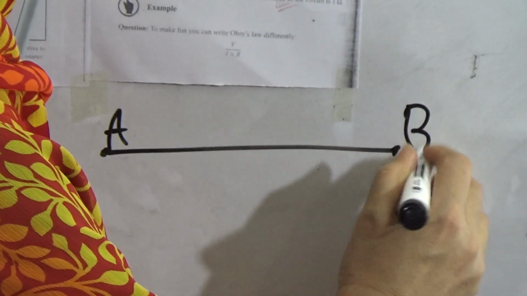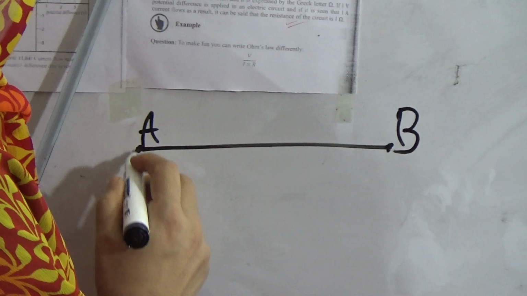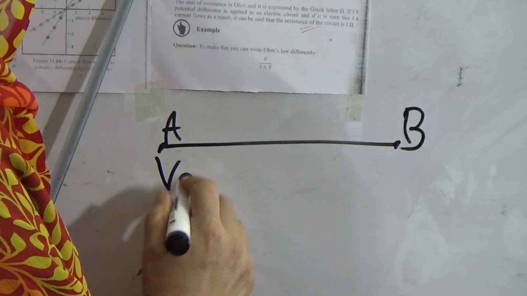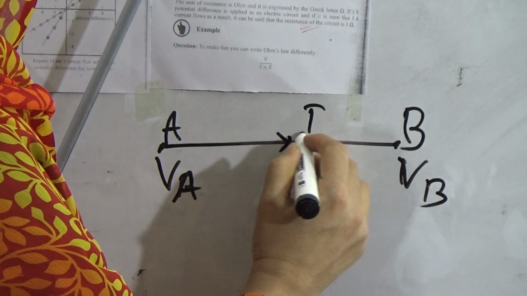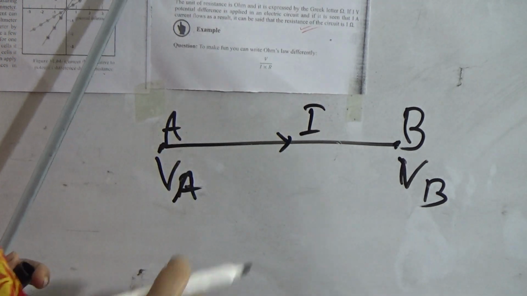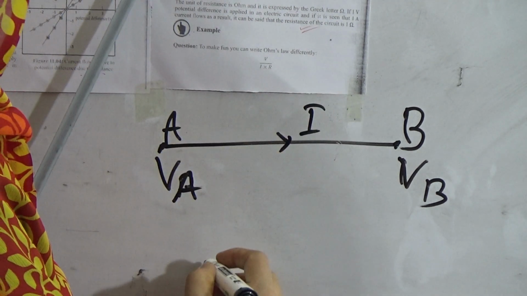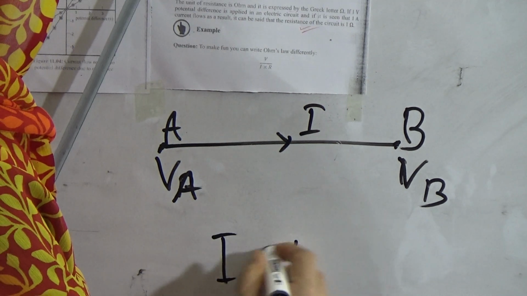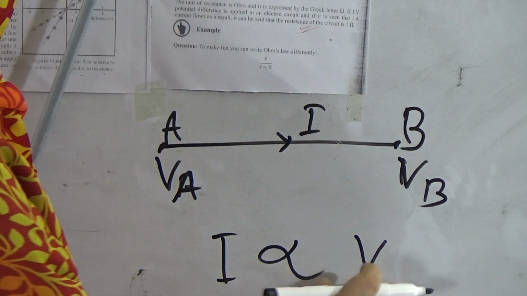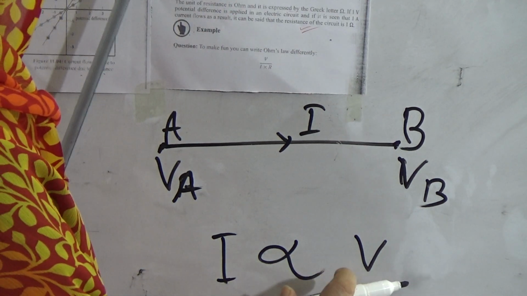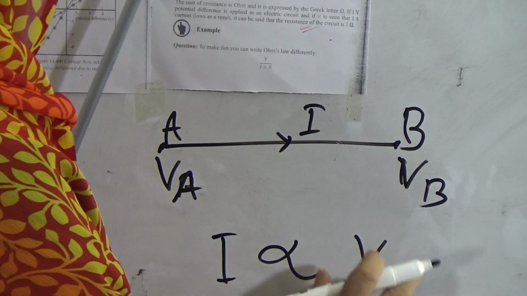Suppose this is a wire, this is point A and this point is B. The potential difference between these 2 points is VA and VB, and the current flowing is I. So according to Ohm's law, I is proportional to V. That means current is proportional to the potential difference. Here I is electric current, and V is potential difference.